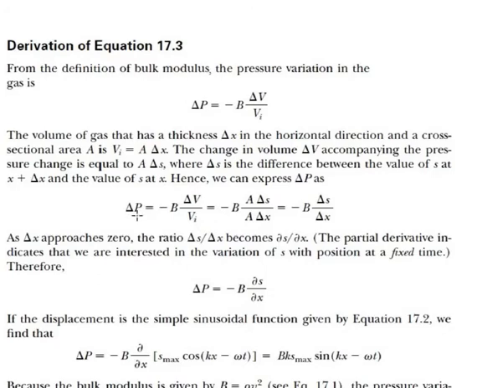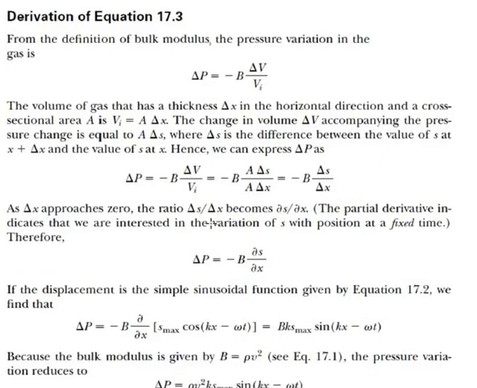So we can write delta P is equal to minus B delta V over V initial, and for delta V we write A delta S, and for V initial we write A delta X. So this will be minus B delta S over delta X. A will be cancelled out, and if we take a very thin volume element, that is if we decrease delta X to an infinitesimal value, that is if delta X tends to 0, this delta S over delta X will give us the derivative of S with respect to X, that is partial S over partial X. This is a partial derivative, because S is a function of position and time both.